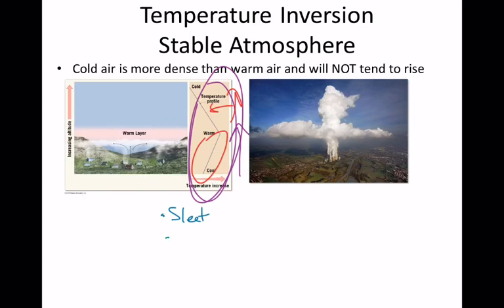Glaze or freezing rain. I think I might have mentioned this, but freezing rain is sometimes called glaze. And sleet is sometimes called ice pellets. Hail kind of looks like sleet, but hail does not come from a temperature inversion.